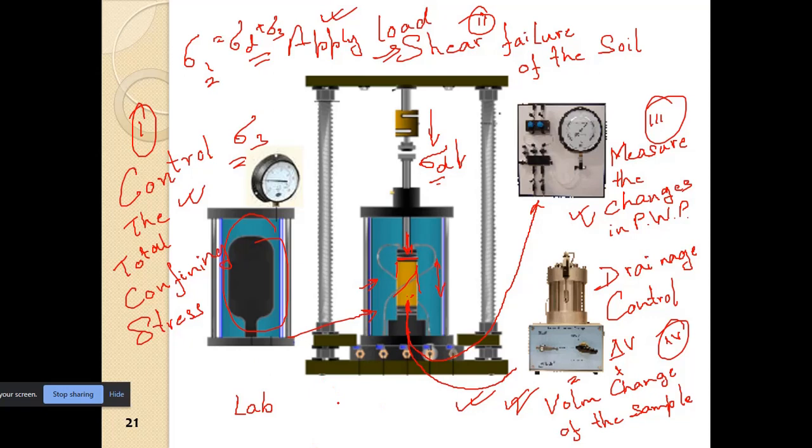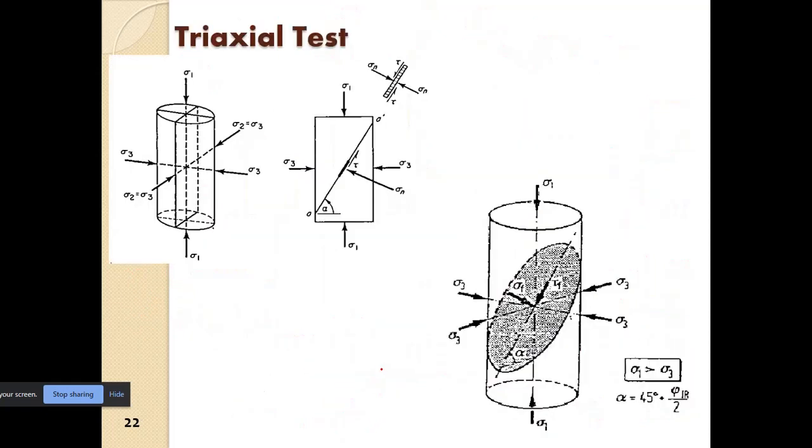So we can draw the Mohr circle as well. So we get the sigma 3 here, we get the sigma 1 here, and we can draw the Mohr circle. If we do two or three tests, we will come to that in the next slides.